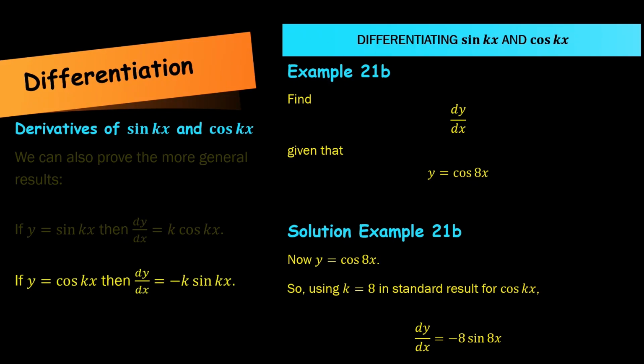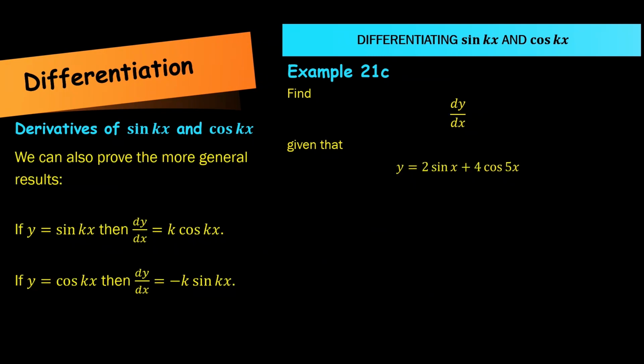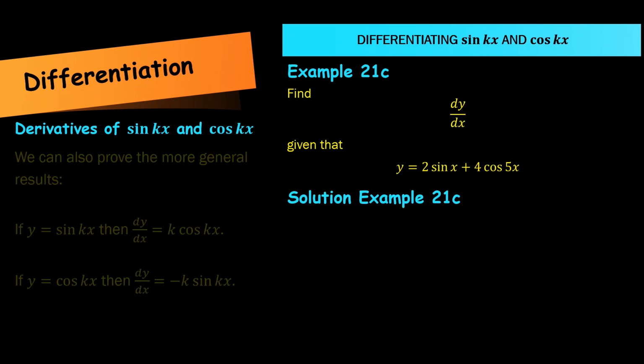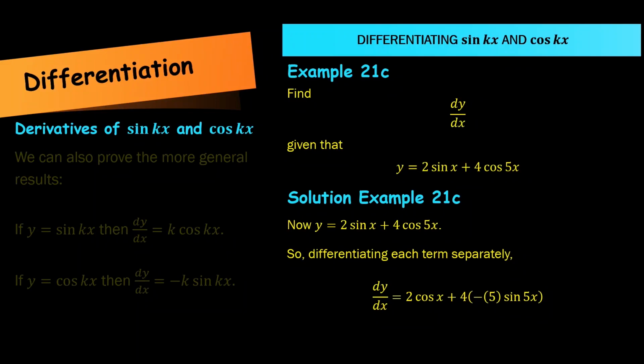And now for part C. We are required to find dy dx given that y equals 2 sine x plus 4 cos 5x. So let's solve this. We're going to solve this term by term. So for the first term, differentiating sine x gives us cos x, and therefore dy dx equals 2 cos x plus the differential of 4 cos 5x.